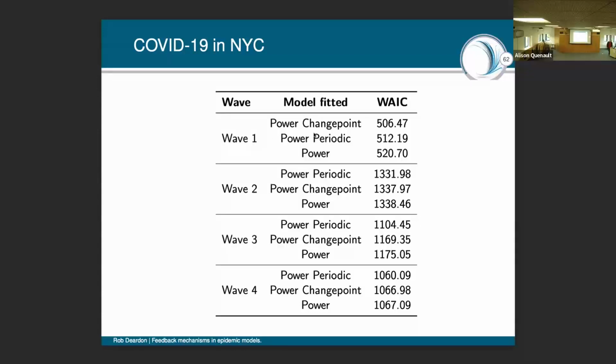In wave 1, the change point adherence model is the preferred model. In all of the other waves, the one with the periodic adherence is preferred by differing amounts, but certainly by substantial amounts. The model that doesn't have the adherence in, the lockdown fatigue mechanism, does worse and is the worst for all of those waves.